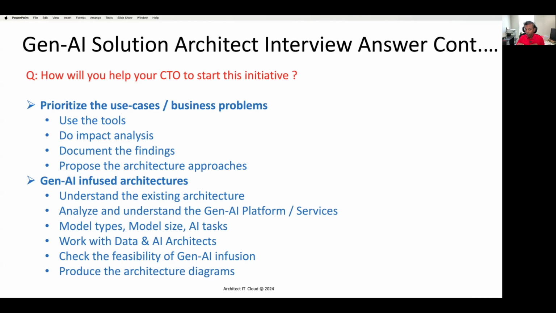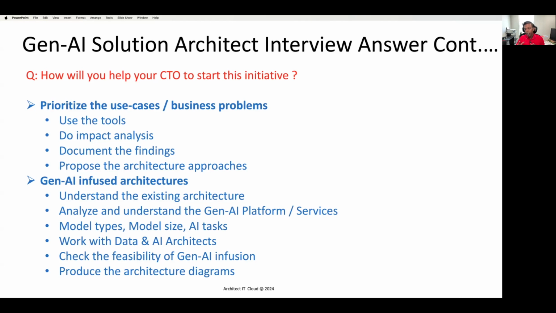So, as a solution architect, you must know the feasibility for your organization, whether we can confidently go and adopt generative AI, or some changes need to be made in your existing organization or existing architecture. So make sure that you do that homework before thinking about infusing generative AI.